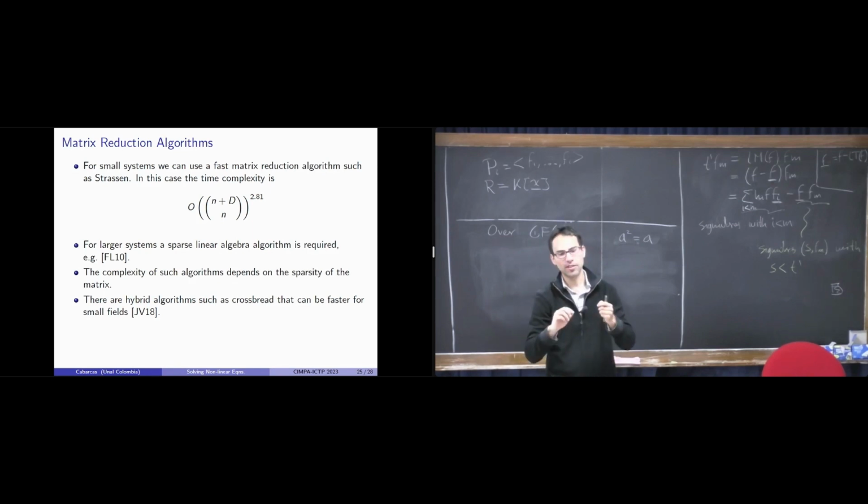So let's say you guess 10 variables and then you solve for the other ones. If we are in GF2, and you're guessing 10 variables, you have to do this 2 to the 10 times. So you try to solve the system 2 to the 10 times.